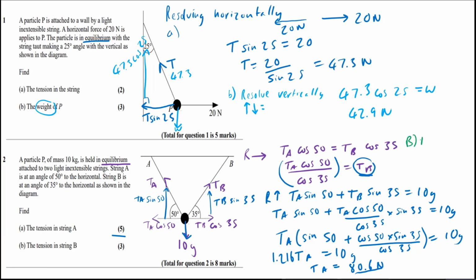So for part B, TB is going to equal what we got for TA, which is 80.6 times cos 50 all over cos 35 to get TB to equal 63.2 newtons.